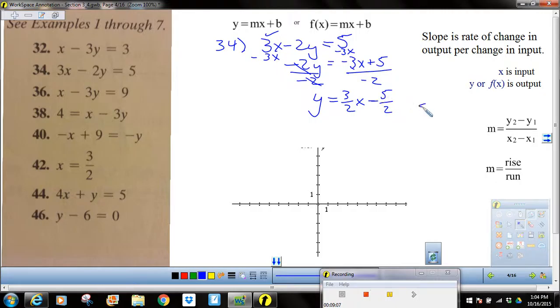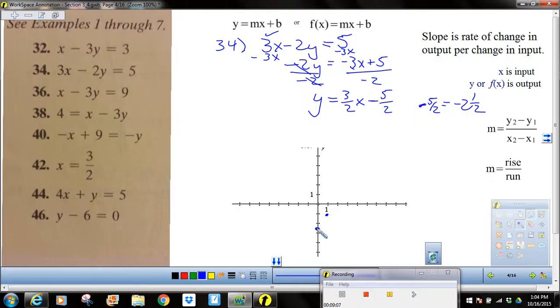-5 over 2 is the same thing as -2.5. So the y-intercept is at -2.5. And my slope is 3/2. So every time I move over, I will go up 3/2, which is 1.5. Now to get a little better spread out on that, to make that more expanded, I could go up 3.